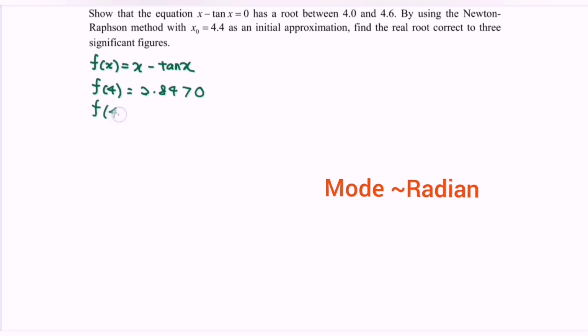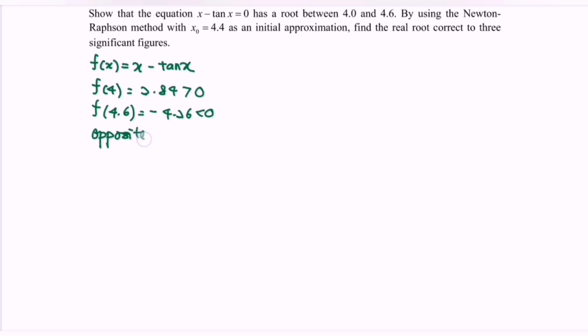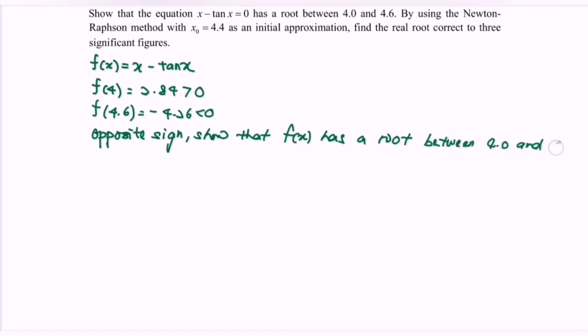Next, f(4.6), and we will have negative 4.26, less than 0. Notice that here we have opposite signs, or we can say a sign change, which shows that f(x) has a root between 4.0 and 4.6.